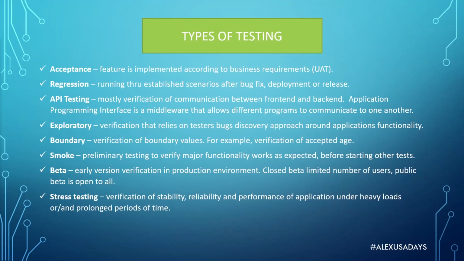Smoke testing is preliminary testing where you verify major functionality of the application and that it works as expected. So you would load, you would log in, and if you're using some specific application, let's say the YouTube app, you can post a video, leave a like, and stuff like that. Essentially, smoke testing enables everything else.